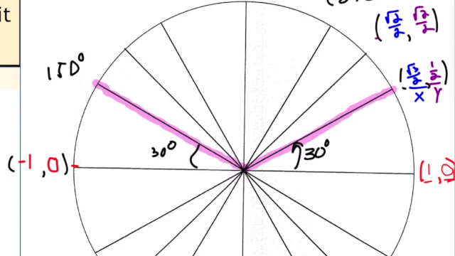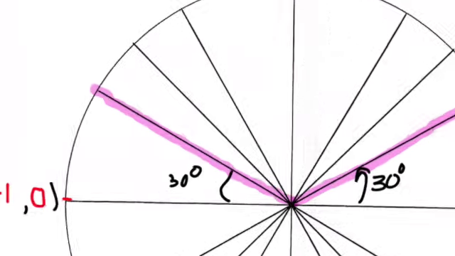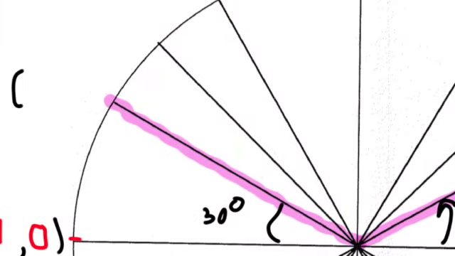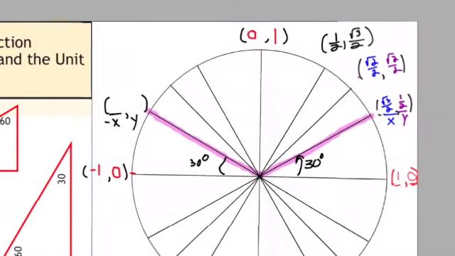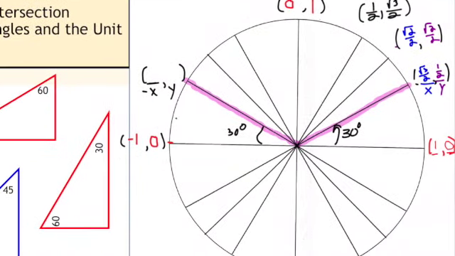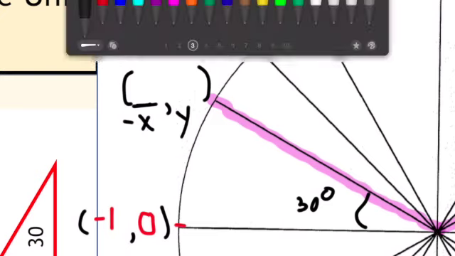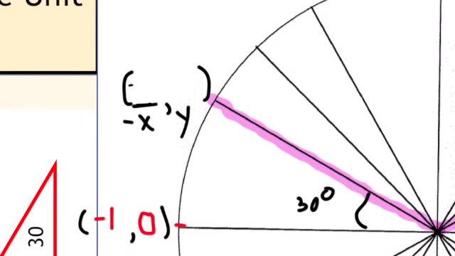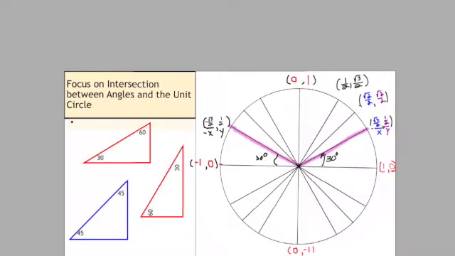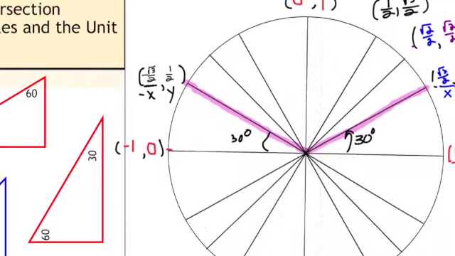So by using reflection, the measurements of this triangle are going to be the exact same as the other one, except going left is just going to make my x value negative, right? So let's take our values, radical 3 over 2 and 1/2. So now this is going to become negative radical 3 over 2 and 1/2. Let me double check it. Yep. There it goes. Now let's go to the next one.